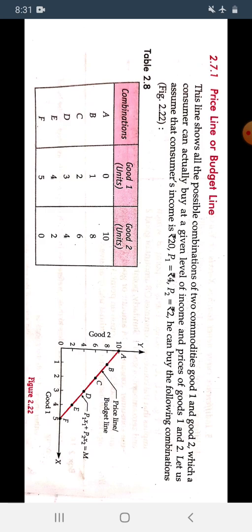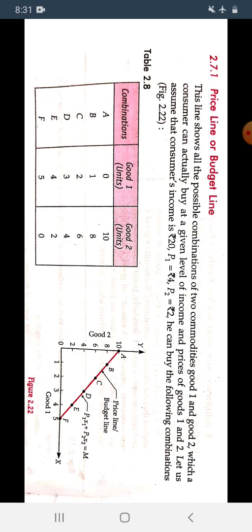What does the price line or budget line show? It shows the different possible combinations of two goods. A combination means the amounts of good 1 and good 2, like 2 units of good 1 and 4 units of good 2.